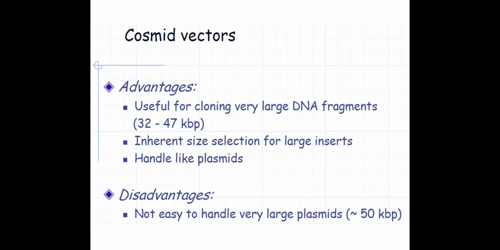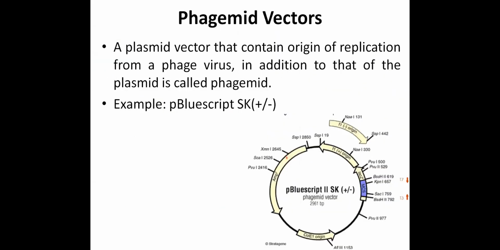Okay, then phasmid vector. This is also a hybrid vector. This is basically a plasmid vector that contains the origin of replication from phage virus in addition to that of the plasmid. Means phasmid vector has two origins of replication.